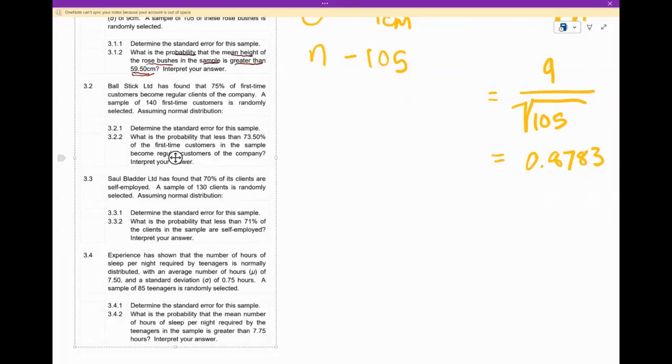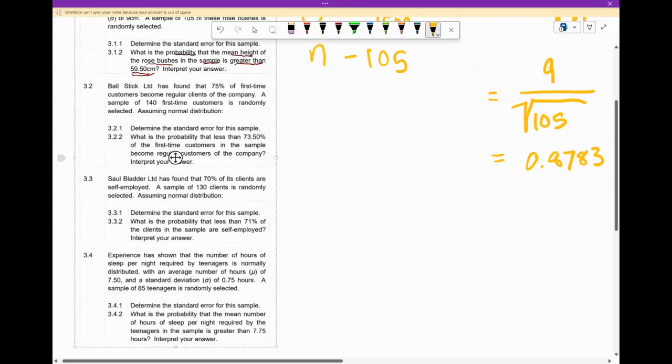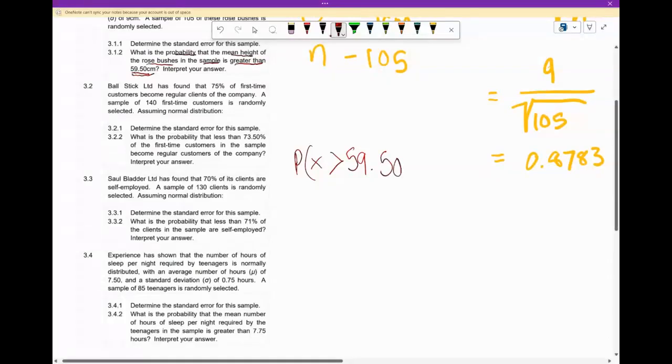Let's do this in a different color. Again, to decipher, we need to ask what we are actually looking for. We're looking for the probability that X is greater than 59.50 centimeters. So then we say, we don't know the value of X, right?